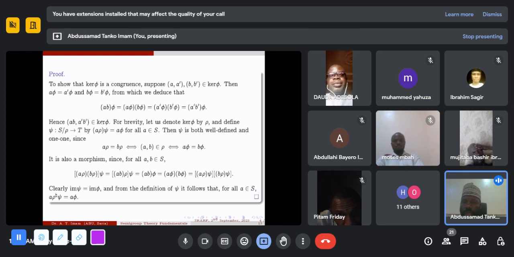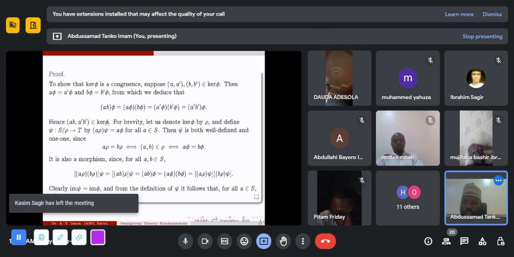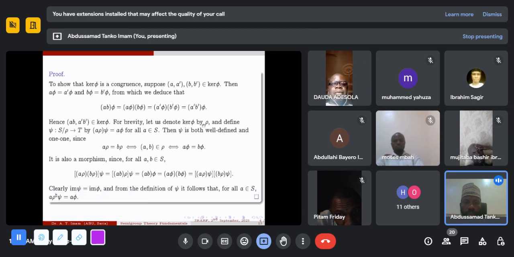So the kernel is compatible, and we proved in the last discussion that the kernel of phi is an equivalence relation, so we have a congruence on the semigroup. And then we let rho be the kernel, just for the sake of simplicity of notation. Instead of continuing to work with kernel of phi, which is too clumsy, we use rho.